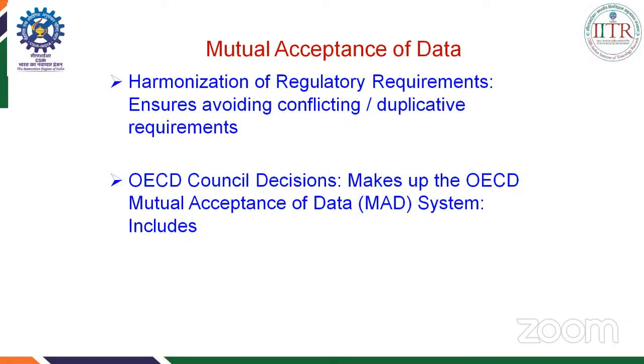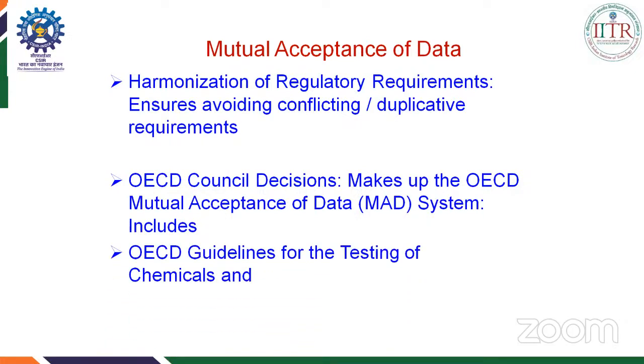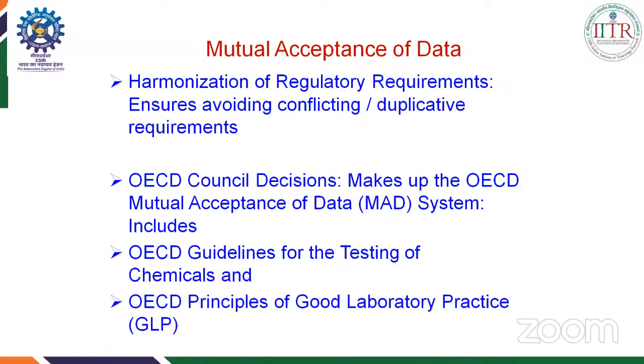Under mutual acceptance of data, there are two major requirements which all the member and observer countries need to follow. One is the OECD guidelines for the testing of chemicals, and the next is the OECD principles of good laboratory practice. Under the OECD guidelines for testing of chemicals, there are specific guidelines for different types of studies, for an acute study, for a chronic study.